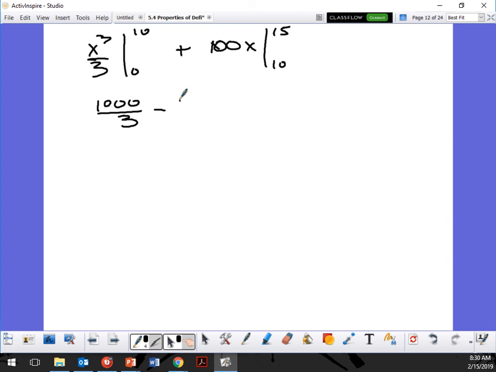minus 0 over 3, which is 0, right? Plus, what's that going to be? 1500 minus 1000.